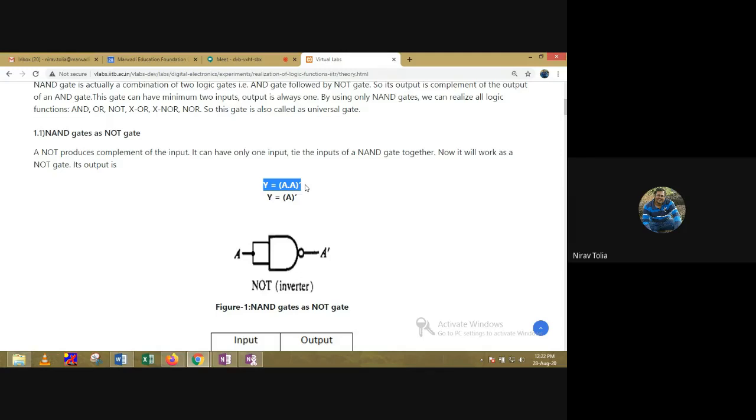And suppose A is equal to 1, because here we learn about the digital fundamentals, which work on binary numbers only, which have two possibilities, either 0 or 1. If you have input A is equal to 1, then 1 into 1 is again 1 only. So again A into A is A only.